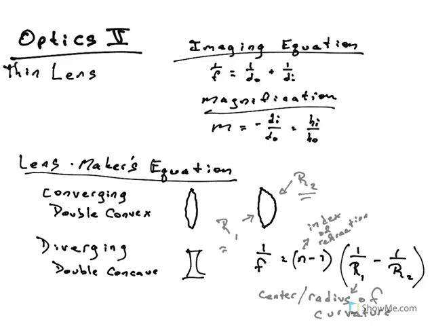The other thing you have to be very, very careful about is that R1 and R2 can be positive or they can be negative. Here's the rule. When you consider light coming in, if the light hits a surface which is convex, then the R is positive.